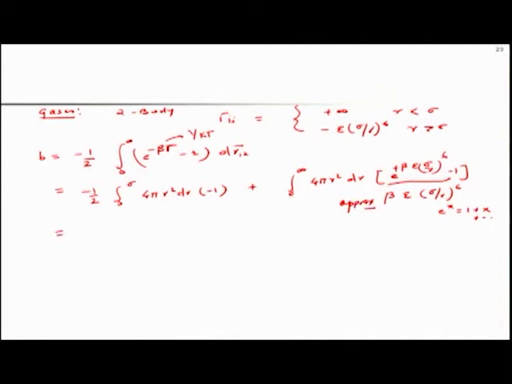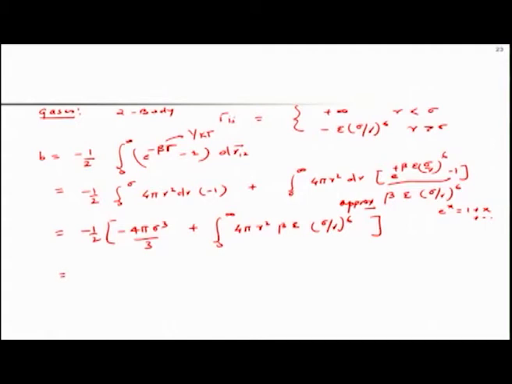In that case, what we have is minus 1 by 2 times minus 4 pi sigma cubed by 3, plus the integral from 0 to infinity of 4 pi r square beta epsilon (sigma by r) to the power 6.